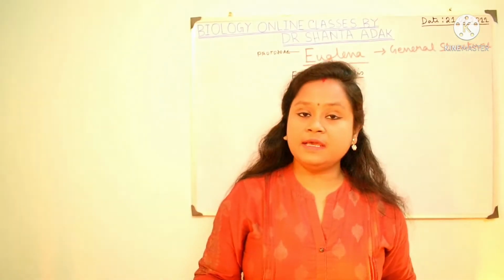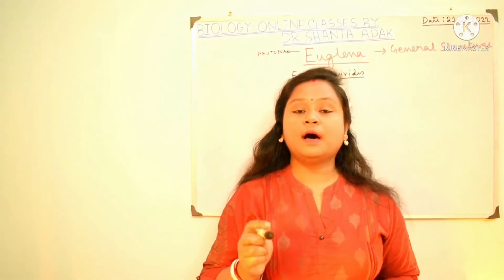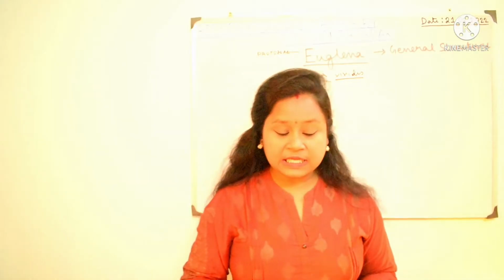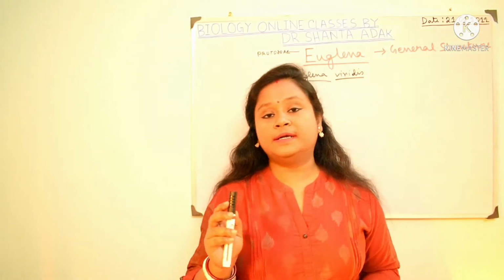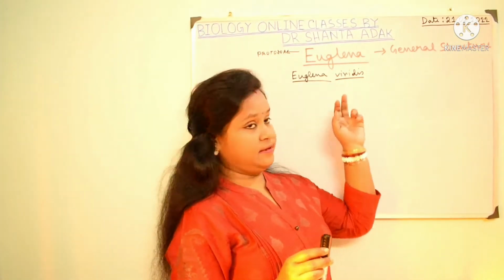These are all very common, and among all these Indian species, Euglena viridis is more abundant and typical. In my class, our discussion will be limited to Euglena viridis.